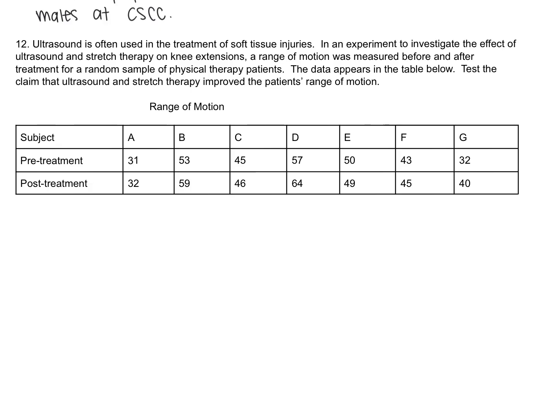Now, this is not a difference of means significance test. And the reason being is because we are performing our test on the same individuals. So we have one population. So this is actually an example of a paired T procedure.